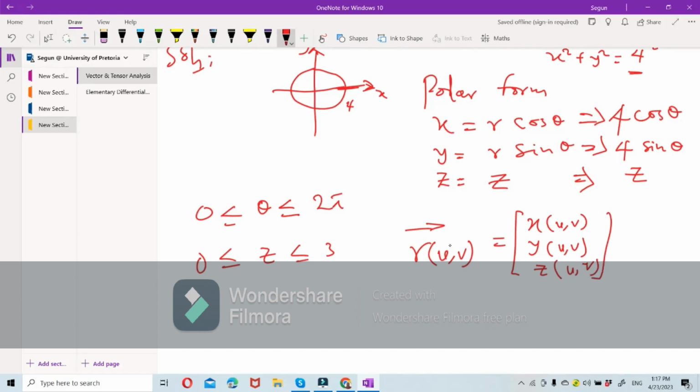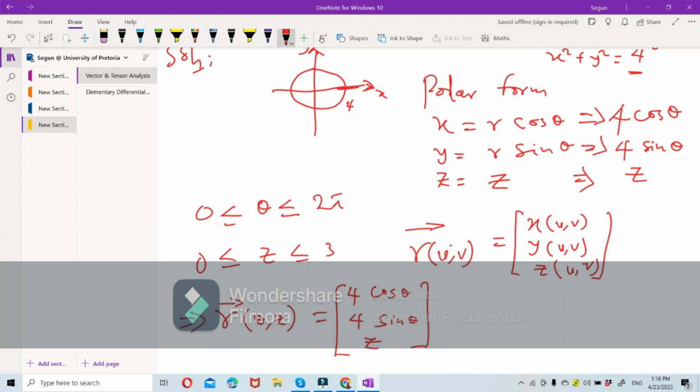But in this case, we already have it to be theta and z. So which implies R of theta comma z. Our R of theta comma z will be what? You already have it up there: 4 cos theta and 4 sin theta and z, because we are working in the xy plane.